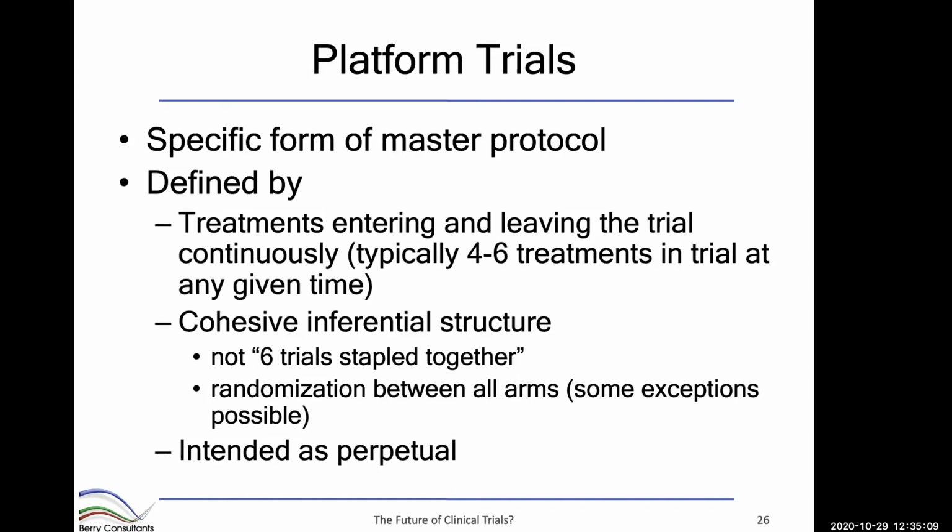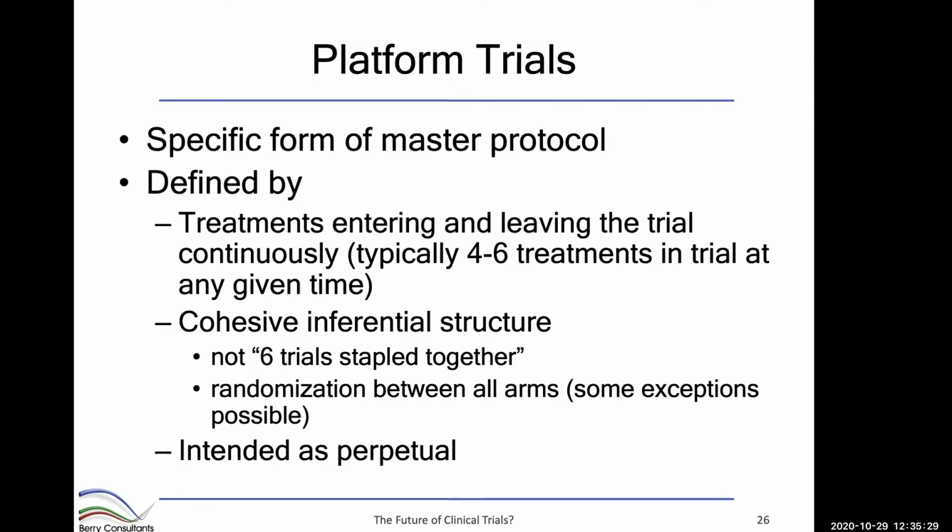This isn't your typical setup, where there are a lot of cooperative groups that manage a patient stream and multiple trials happen in that group. Certainly if you have one of those, you're well on your way to doing this platform trial.